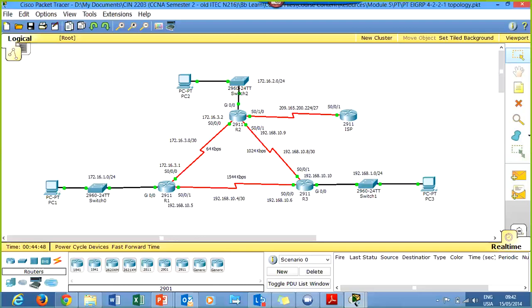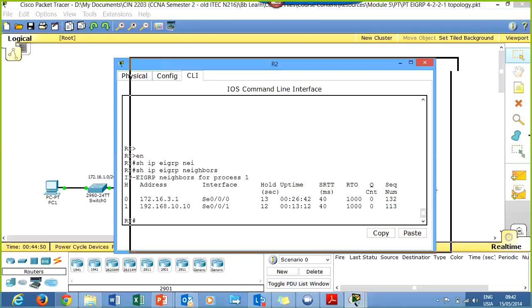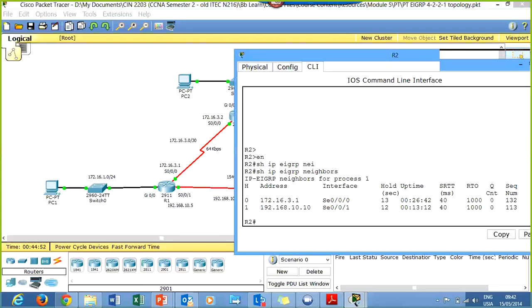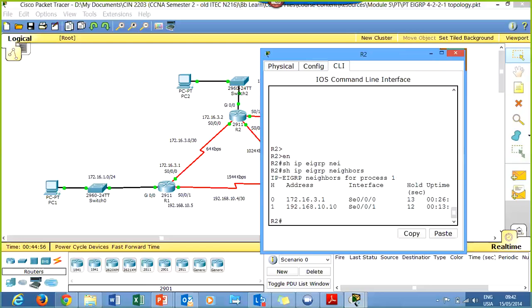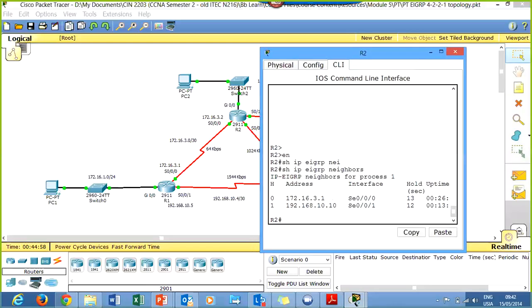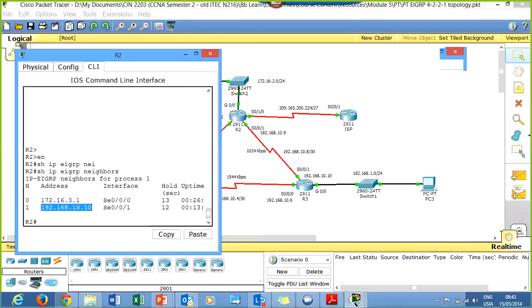Okay, so we can see what's happening here now better. So R2, let me just make this smaller here. Can you see it? Yeah. Okay, so it says R2 has one neighbor 172.16.3.1, which is this neighbor, and the other neighbor 192.168.10.10, which is this neighbor 10.10. So it has two neighbors.